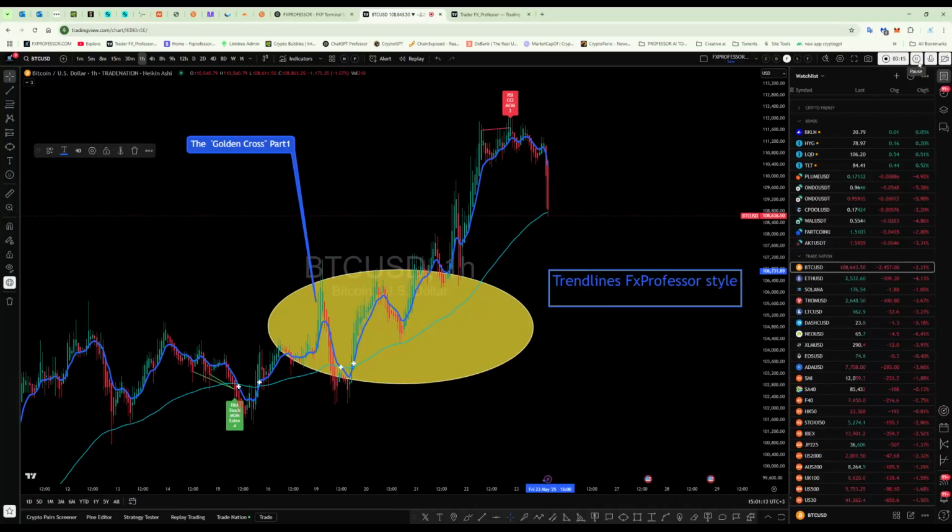Every trader has their own style. Every trader will share with you something, but some things cannot be shared. We need to keep something for ourselves. So trend lines, the FXProfessor style, that's the first thing I do. The second thing, take a wild guess, is Fibonacci, and I use the wedge, which completes my trend lines. Up until now, it's all trend lines.